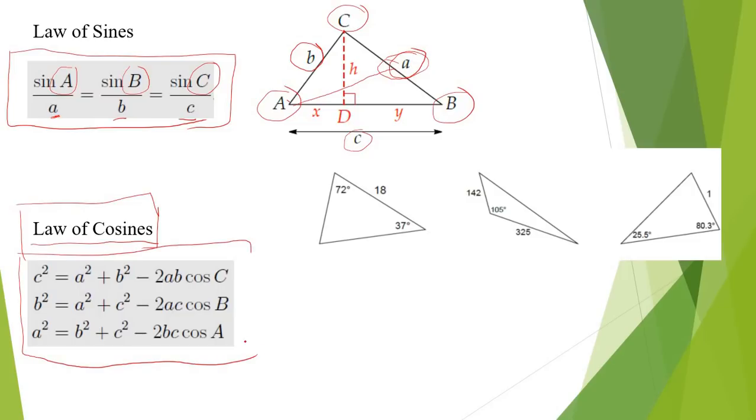this formula. So we have c squared is equal to a squared plus b squared minus 2ab cosine of C. Now take note that the pattern is just simply repeating. So if you have b squared is equal to a squared plus c squared minus 2ac times cosine of B, and you have here another equation.